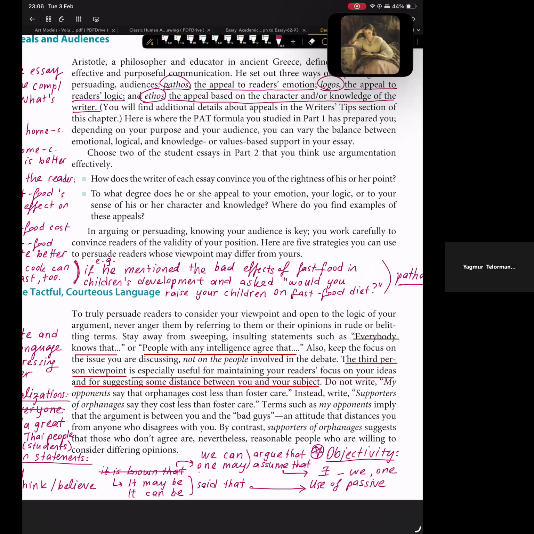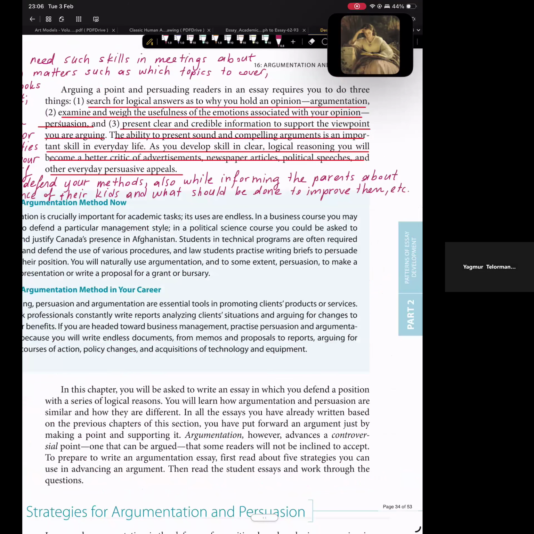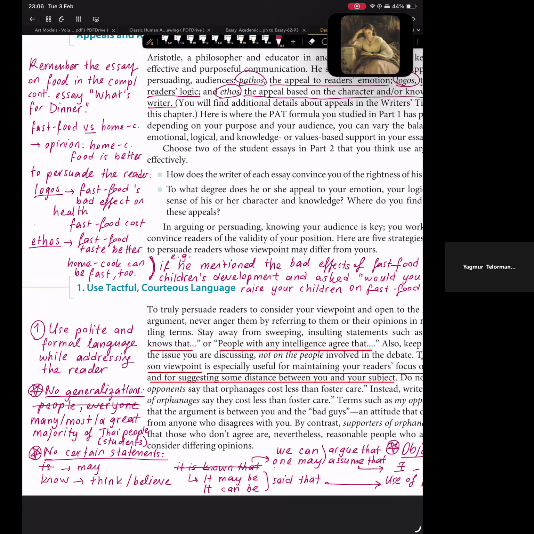We shouldn't say such things because that would offend our readers and it would make our opinion look weak. And also, we need to use formal language so that our language is universal and it feels like it is addressed to everyone who is reading our essay.